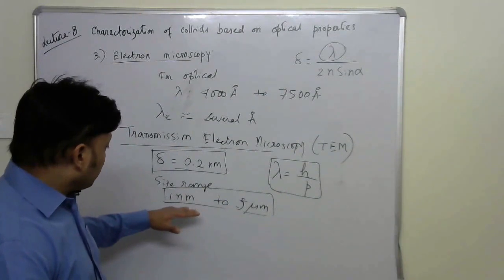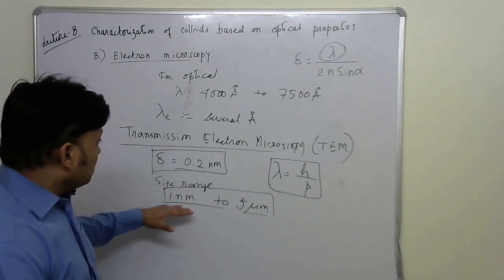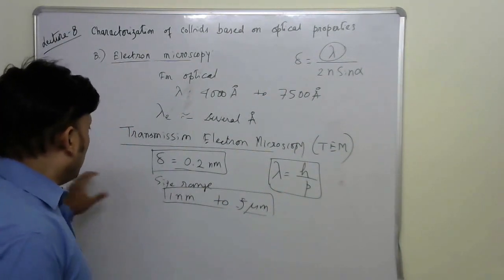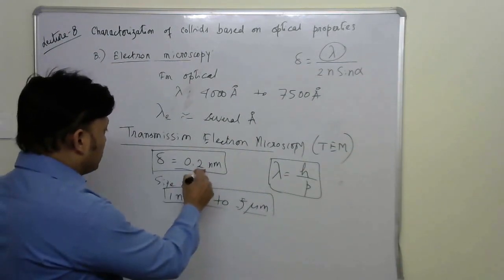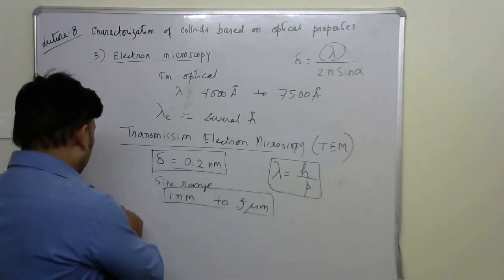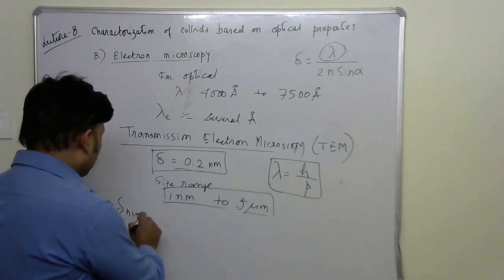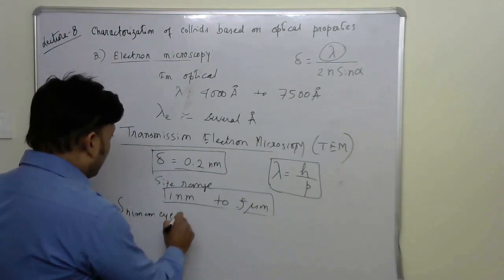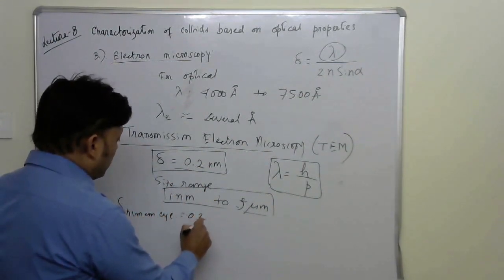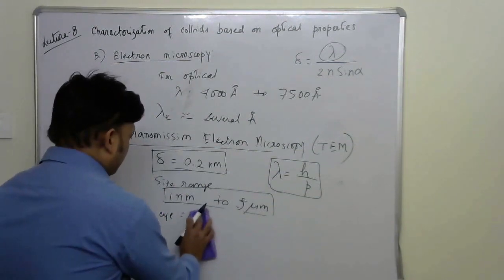Anyway, so if the delta is 0.2 nanometer, and delta for the human eye, once again I'm writing, is 2 millimeter.